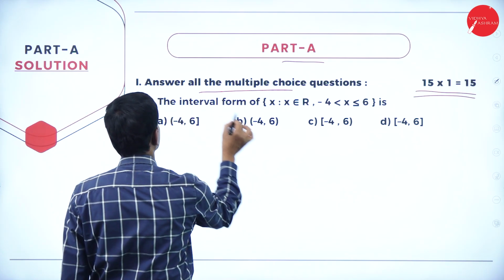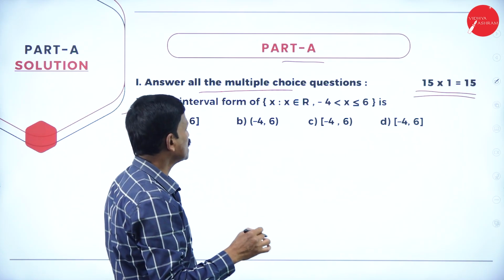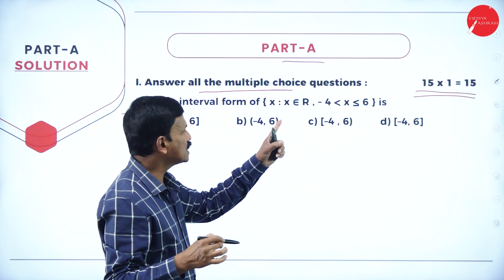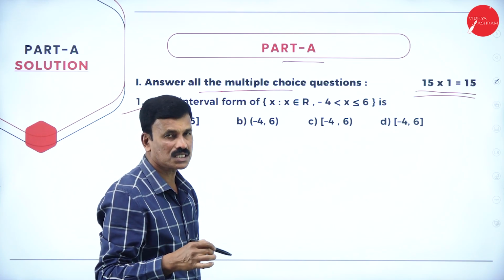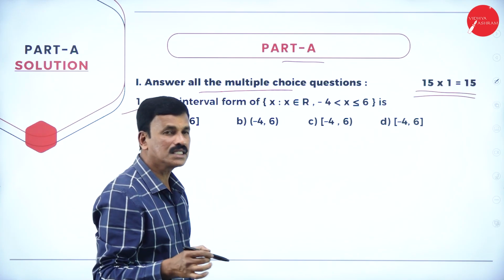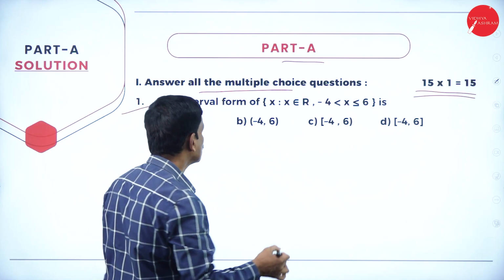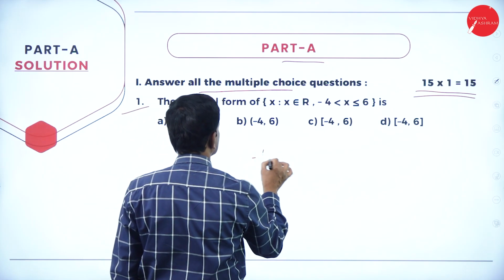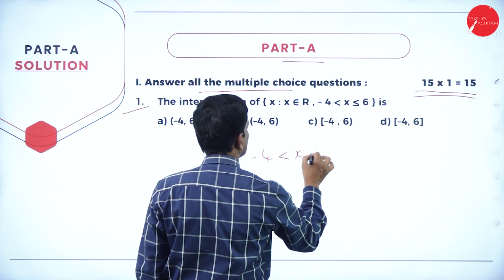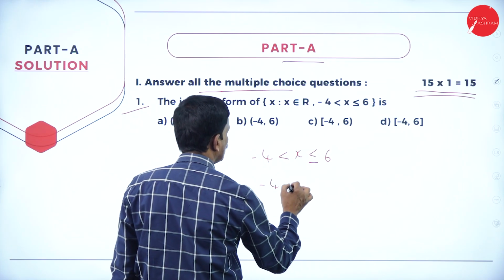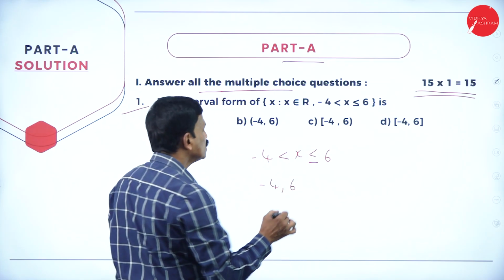The first question, the interval form of x such that x belongs to R, real number, -4 less than x less than or equal to 6. You might have studied regarding the intervals: closed interval, open interval, semi-closed and semi-open interval.